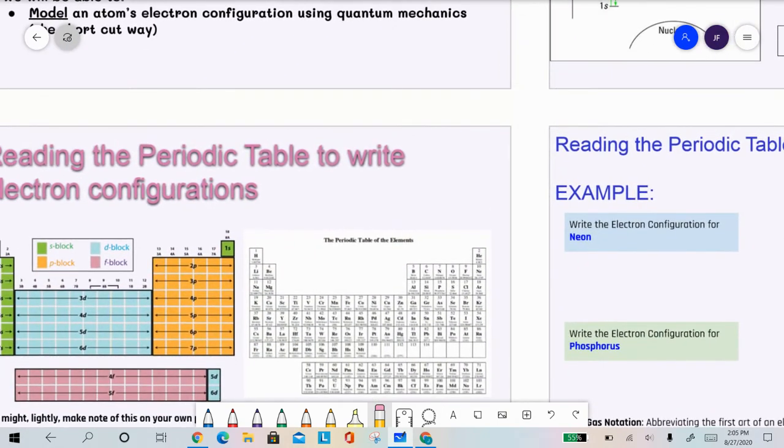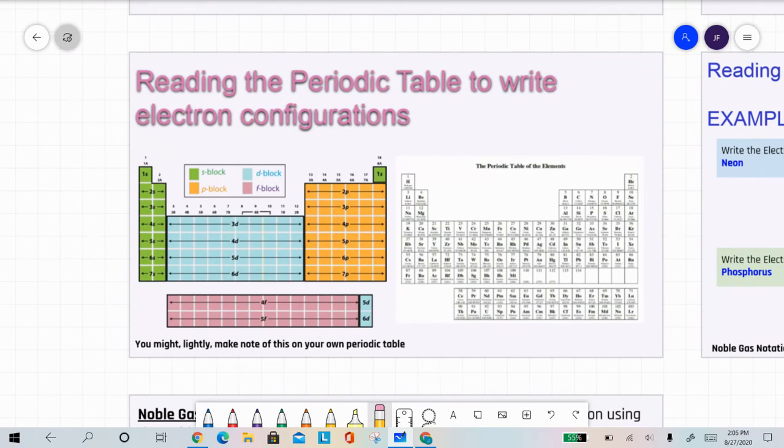So today, the shortcut way, we are going to use our periodic table in order to figure out our electron configuration. So for this colored picture over here, I recommend doing some kind of notes on your periodic table to remember this pattern, okay?